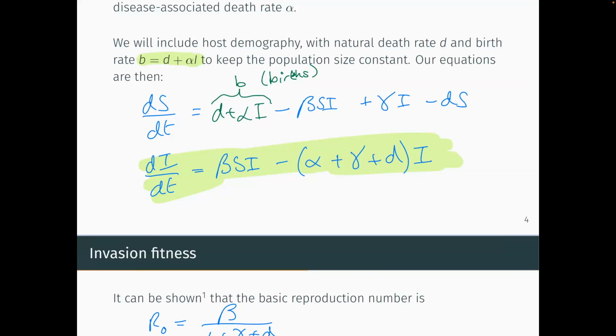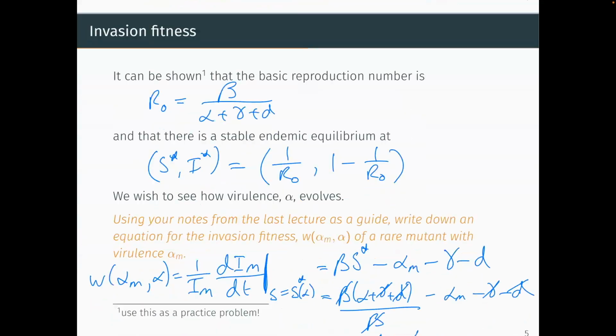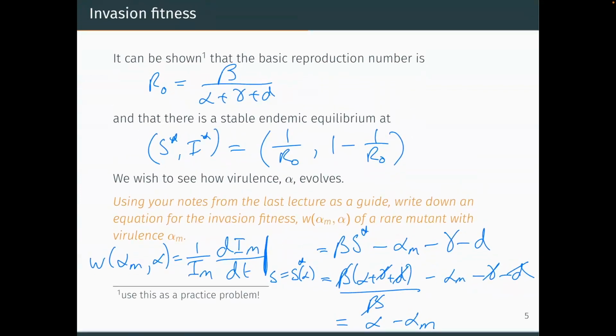And instead of an I, in this case, it would be an I sub M because it's a mutant population. Its fitness is going to be the rare per capita growth rate, so we divide by IM. We have this S star in because we're at the endemic equilibrium, and then all I've done is just algebra.